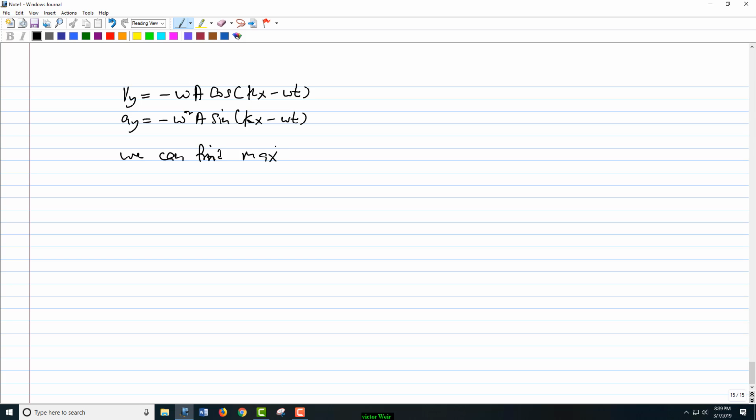So let's start with the velocity v_y, we wrote as minus omega A cosine(kx minus omega t), and a_y was minus omega squared A sine(kx minus omega t). And so we can find the maximum transverse speed for the point P, or any point obviously on the wave medium. And this v_y max can be written as omega A.